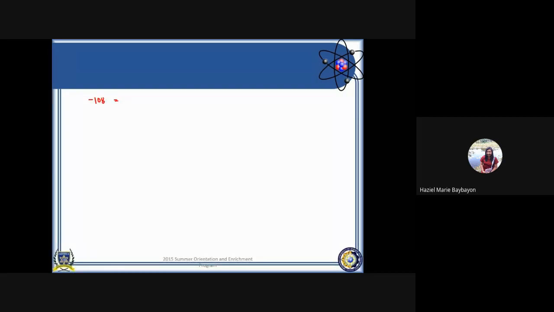Okay, so negative 54. Please check those who answered; the last digit should be 4, not 6. So, negative 54 equals 2 omega naught. Therefore, your omega naught is equal to negative 54 divided by 2.